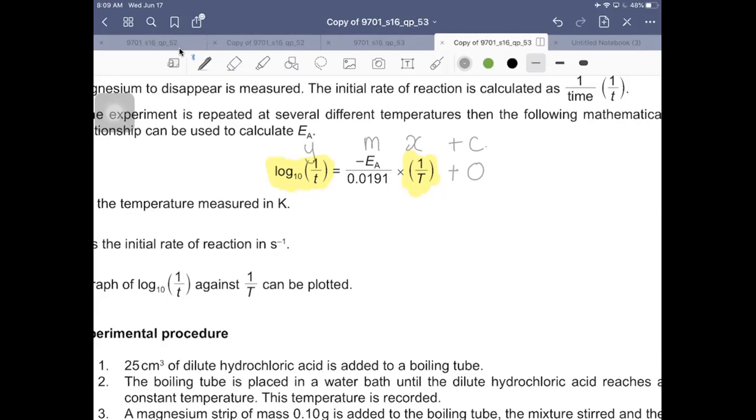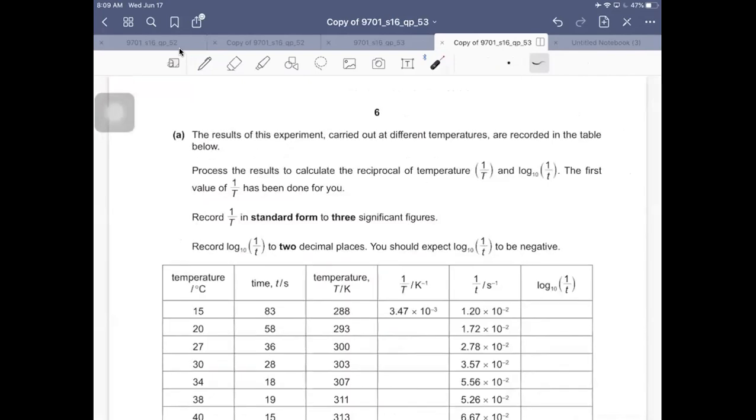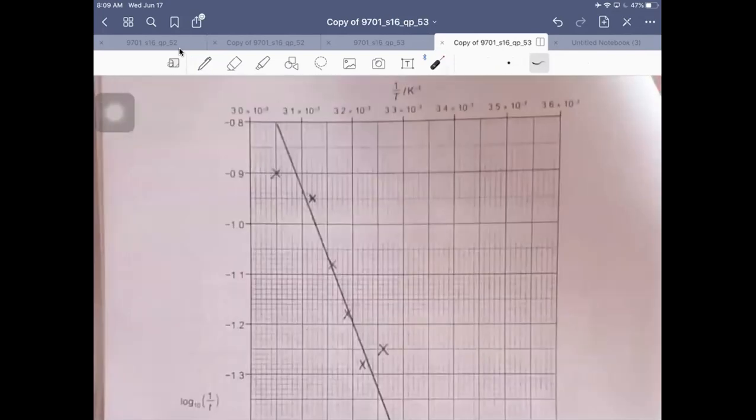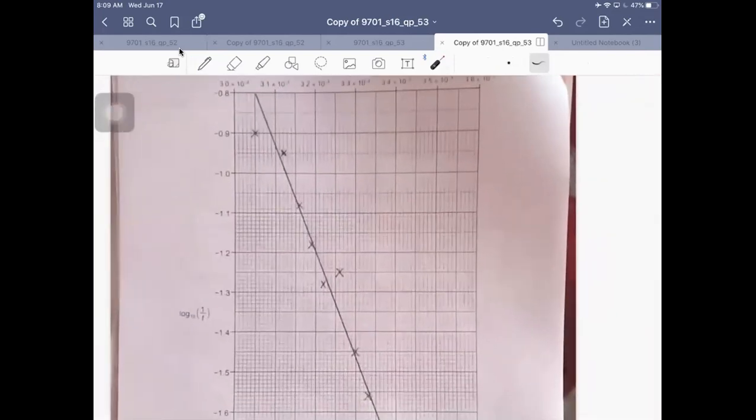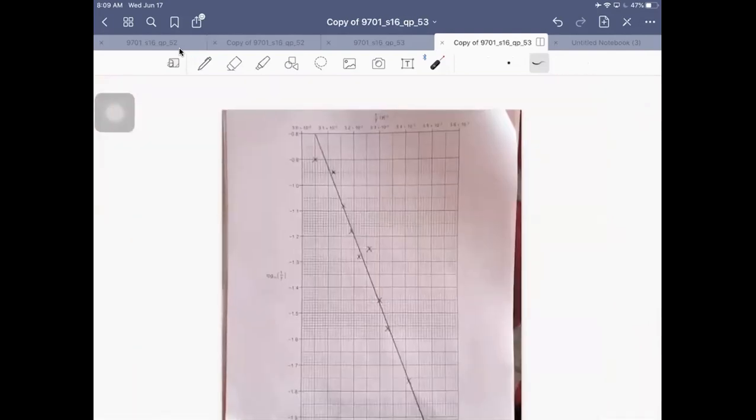First of all, you know that it is y = mx + c, so it must be a straight line, not a curve. And secondly, the y-intercept is 0, so it has to pass through the origin. But if your line is not going through the origin, it's also fine. You won't be penalized, but that's a hint.